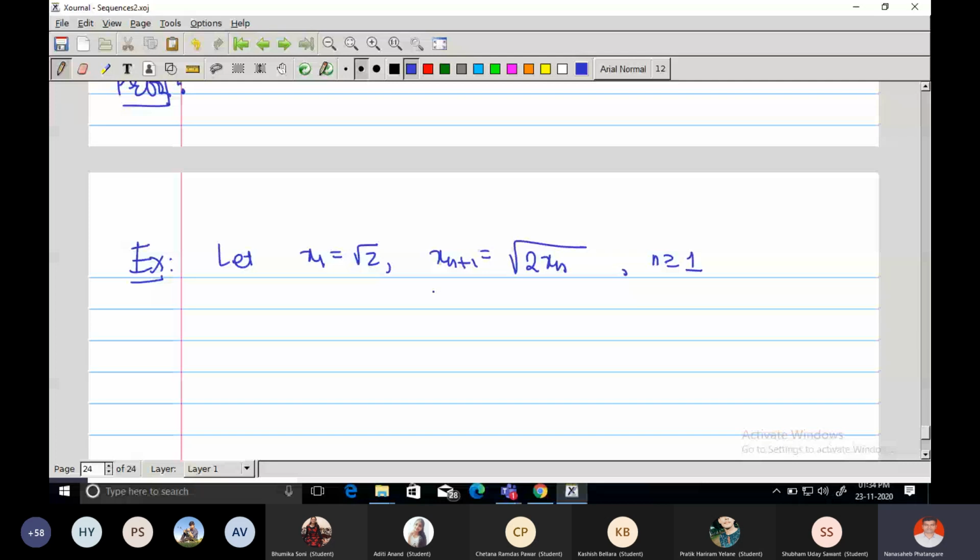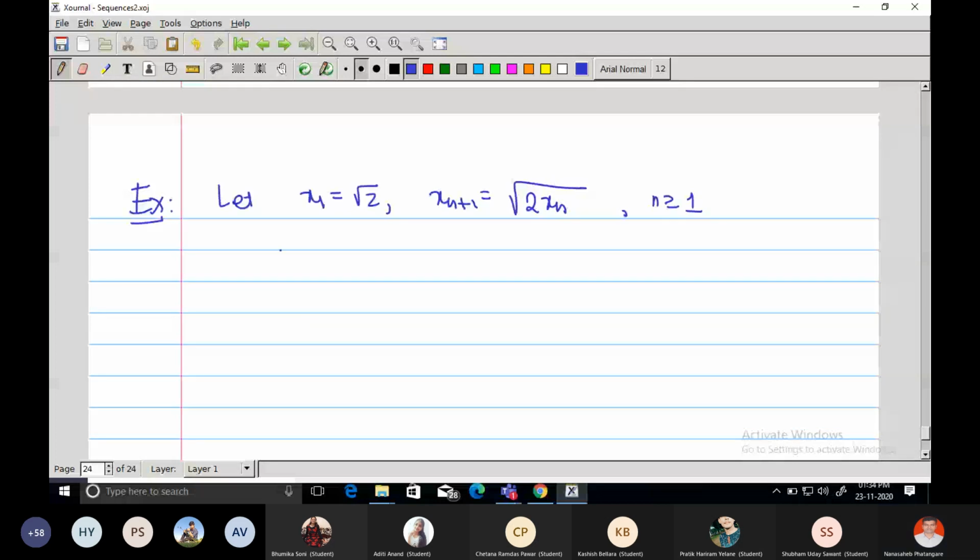For example, what is x2? What is x2? Square root of 2 root 2, because x1 is root 2.